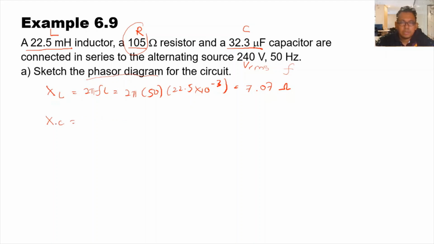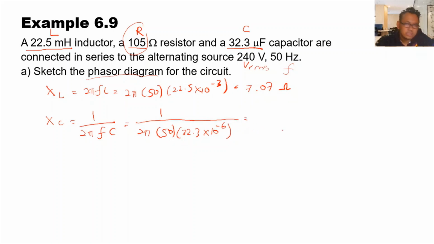Same for the capacitive reactance, 1 divided by 2 pi frequency capacitance, 2 pi times 50 times capacitance 32.3 times 10 to the power of -6 microfarad there. I get the answer 98.55 ohm. Okay.